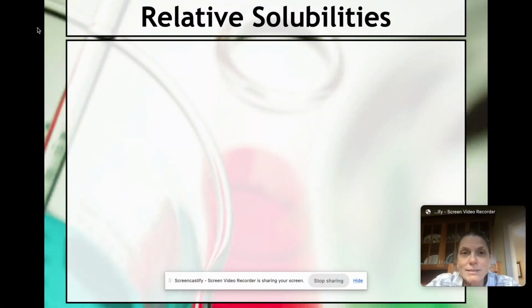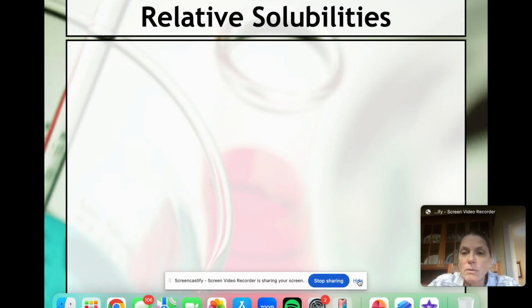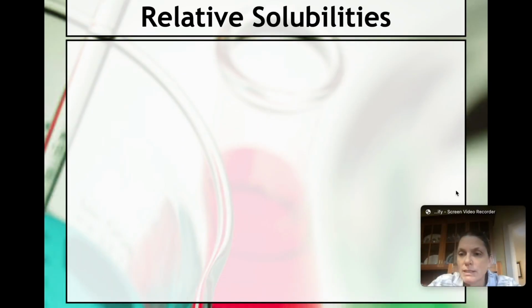The next thing is to talk about relative solubility of different compounds. All right, so remember, we're talking about compounds that we would normally consider to be insoluble or extremely slightly soluble.